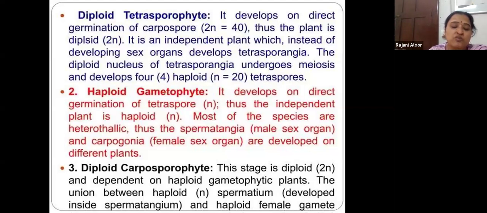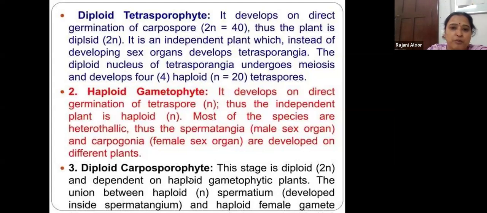The union is between the haploid spermatium, which develops inside the spermatangium, and the haploid female gamete, which develops inside the carpogonium. One is the spermatium, developed inside the spermatangium, and the haploid female gamete.